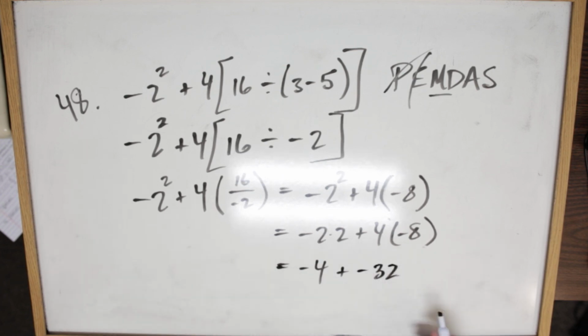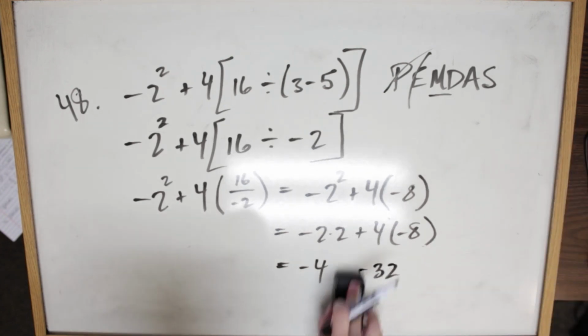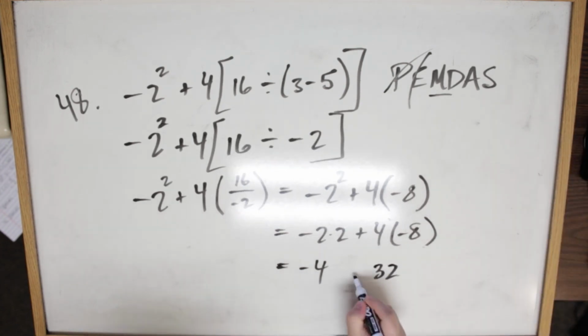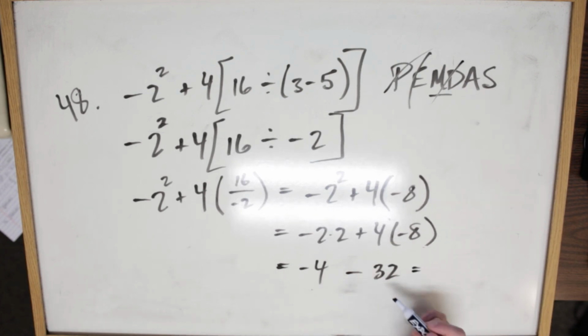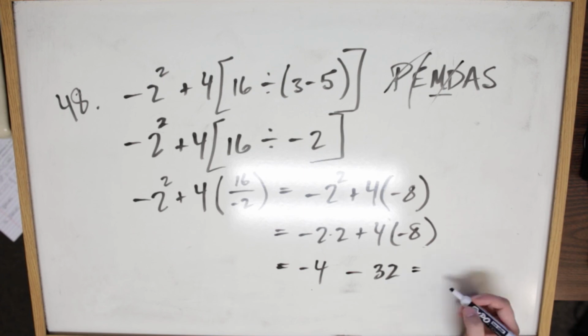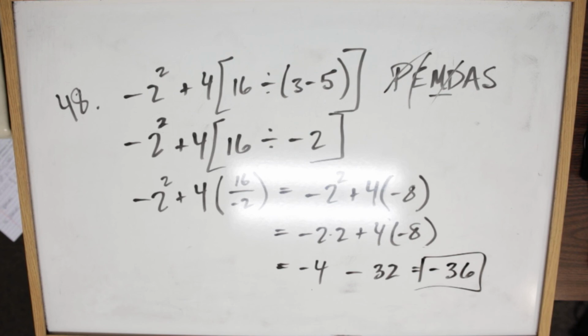And one of the things you can do, if you have a plus minus, you can just get rid of the plus sign right there and make it a minus. So that works too. Okay. So now my multiplication and division are all gone, and I'm left with addition and subtraction. So minus 4 minus 32 is a minus 36. And there's my final answer.